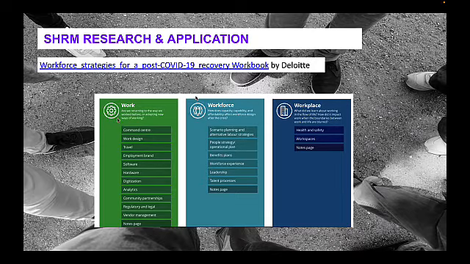So here you can see that the key question for this workbook is, are we returning to the way we worked before or adopting new ways of working? And then on the workforce area, the key strategic guiding question is, how does capacity, capability, and affordability affect workforce design after the crisis? And then the last piece of this in the guiding question here is, what did we learn about working in the flow of life? How did it impact work when the boundaries between work and life are blurred?